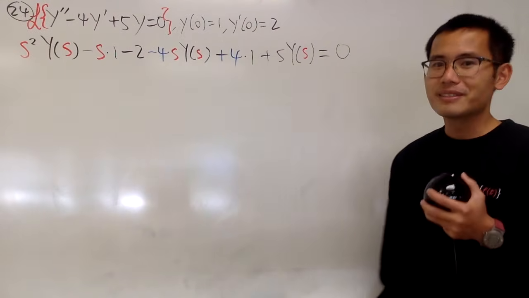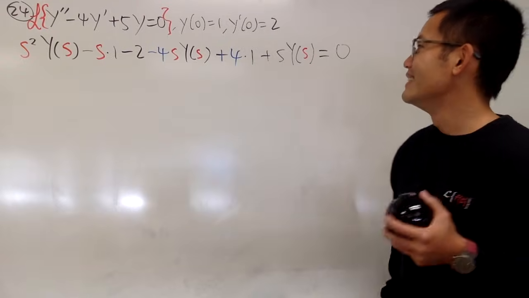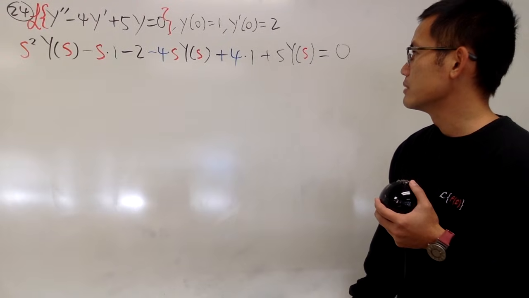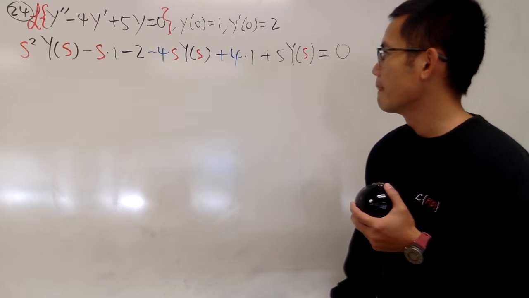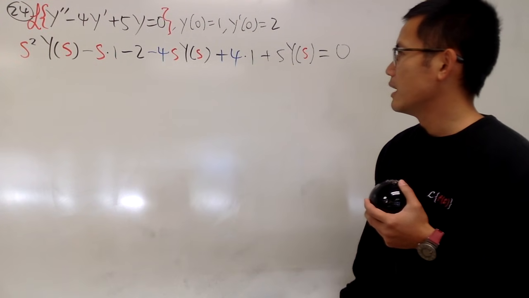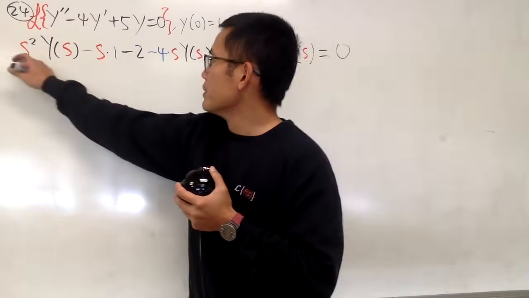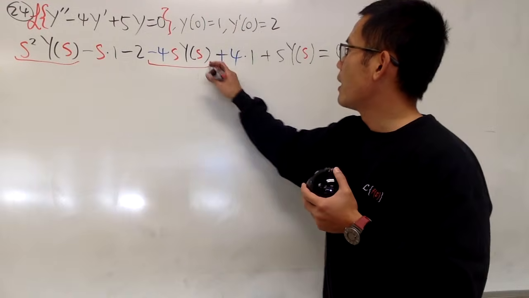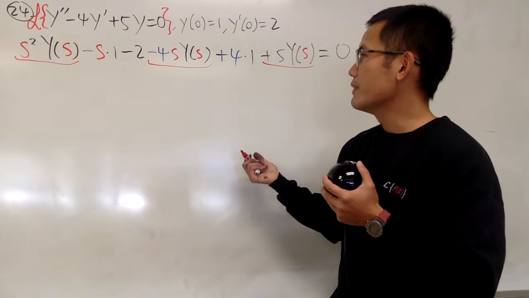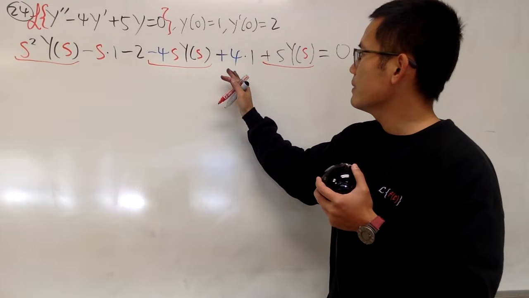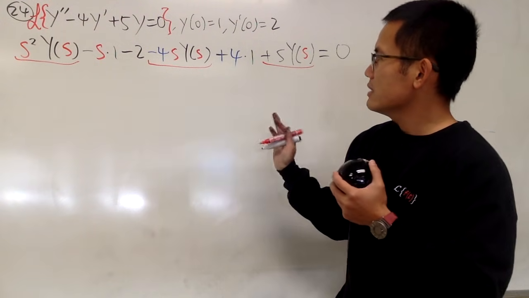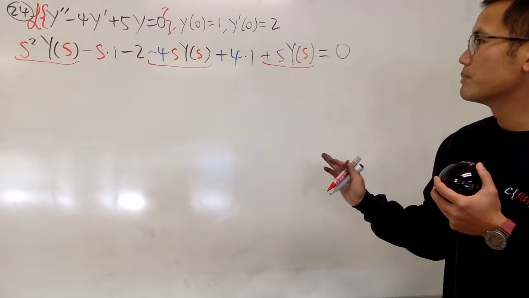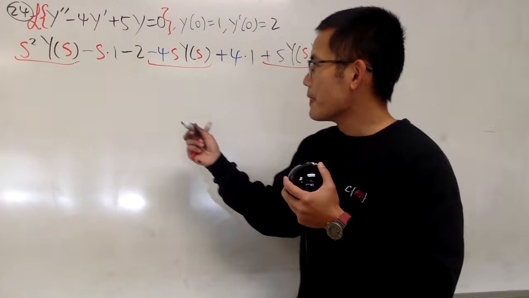So have a look. Now let's just do this. Here you see that this part and that part all have the Y of s, and the other ones are just numbers.